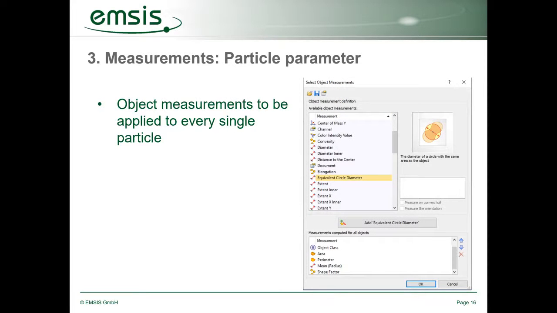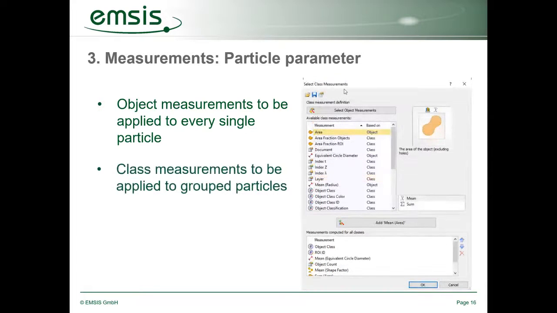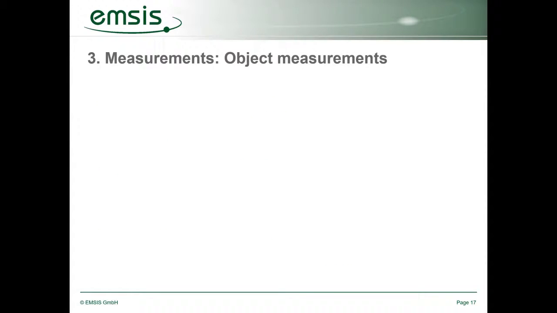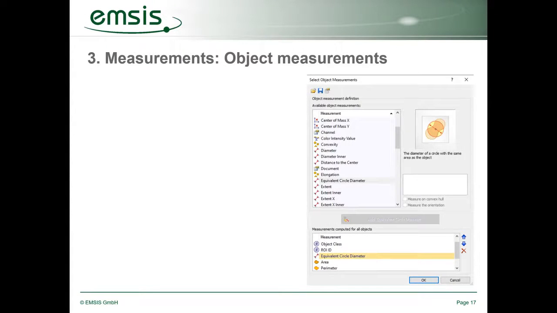Object measurements are applied to every single particle, and the class measurements are applied to group particles belonging to one or more classes. And the ROI measurements are applied to regionally grouped particles. So three different levels of measurement or parameter which could offer you the results later on.